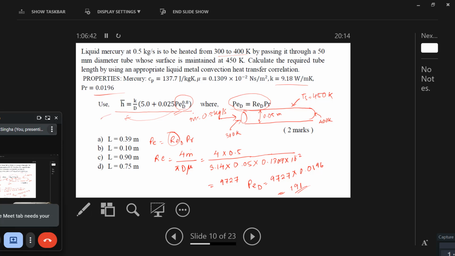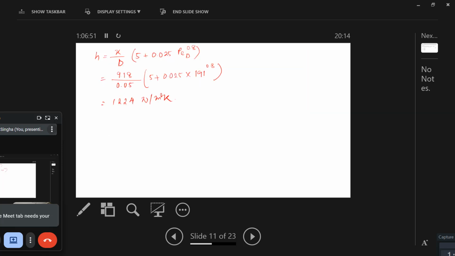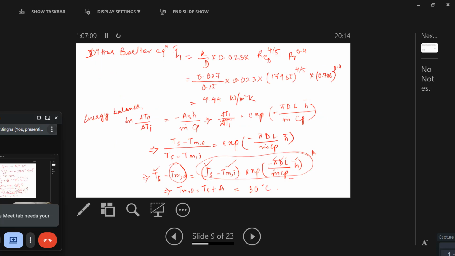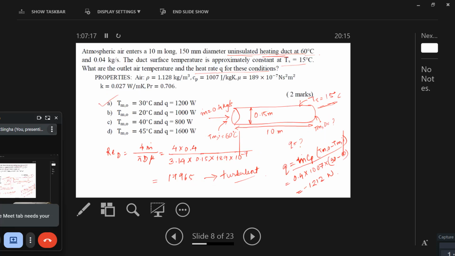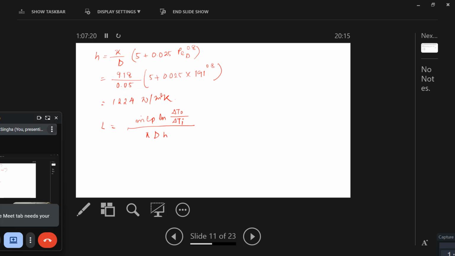So for finding out the tube length, again, the energy balance is used, just like the previous question. We can directly calculate the length as m cp ln (delta T naught minus Ti) divided by pi d h.